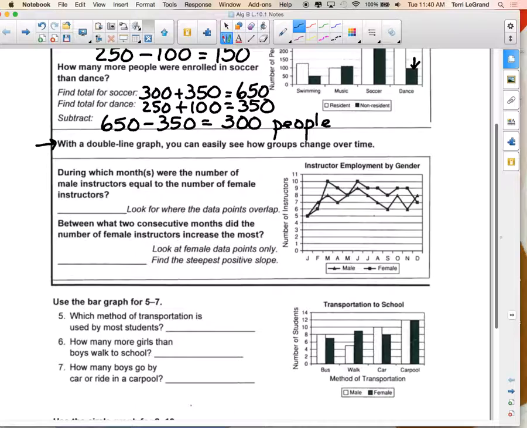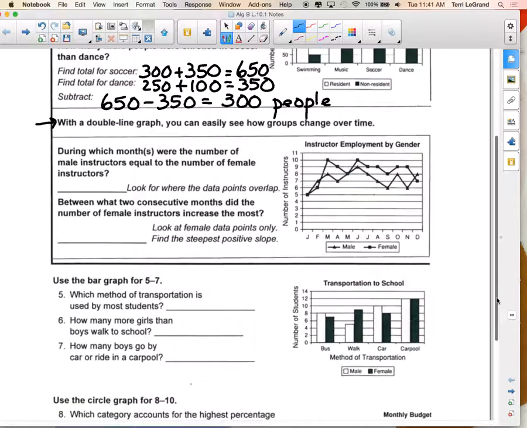Yeah, instructor employment by gender. In other words, the people who are employed as instructors, we're going to compare gender. Well, gender would be what? Male and female. So one of our lines is going to represent the males, and one of the lines is going to represent the females, and the vertical is going to represent how many instructors.